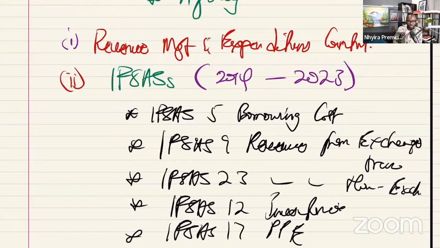IPSAS 12, inventories, is the same as IAS 2, okay? And then IPSAS 17 is the same as IAS 16, property, plant, and equipment. So technically, there are some IPSAS that are not in IASs. Are you getting the idea? There are some IPSASs that are not in IASs that we must know about, but they are not too different.